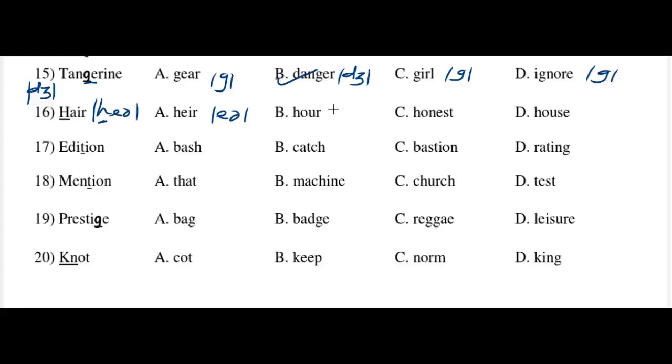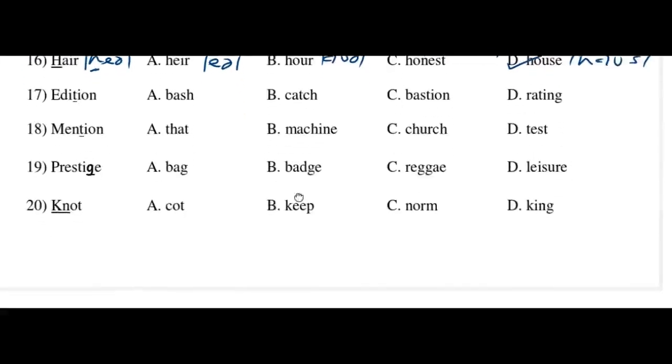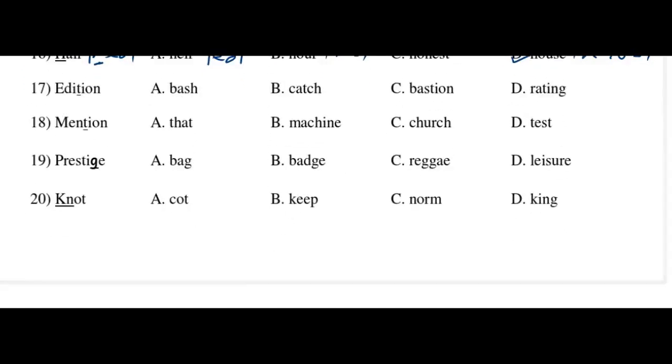Option B is hour. The H is silent. Option C is honest. The H is silent. Option D, house. So the only one that contains that sound is D, house. H is not silent in house.